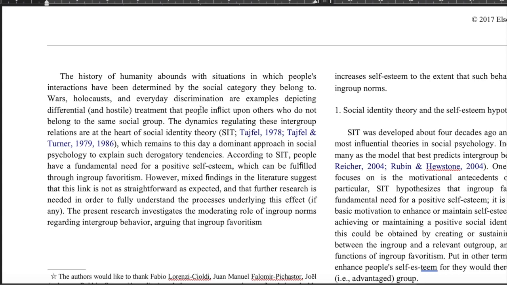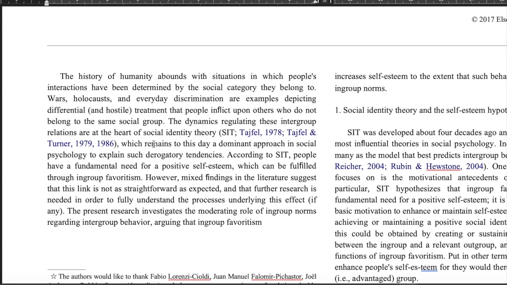and essentially he's also talking about the phenomenon that he wants to understand. Next he says the dynamics regulating these intergroup relations are at the heart of social identity theory. So he's already mentioning the theory from which we try to explain the phenomenon, which is the social identity theory.